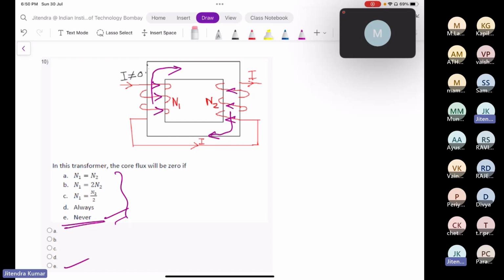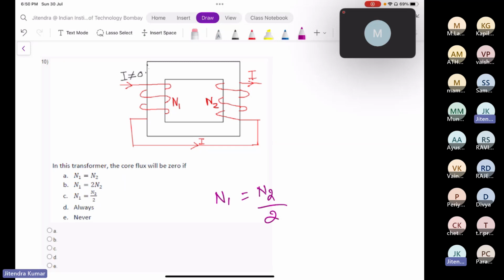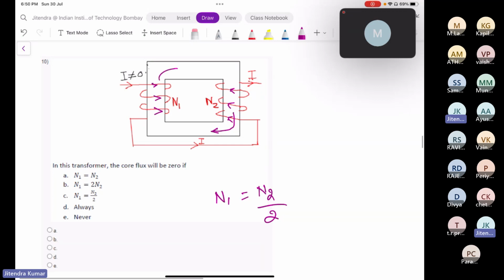Okay, so let us suppose we have option C. We have the condition given with option C, right? According to you, in option C, N1 is equal to N2 by 2, so N2 is higher than N1, correct? If N2 is higher than N1, then because of N2I the flux will flow in the clockwise direction, and because of N1 the flux will again flow in the clockwise direction.